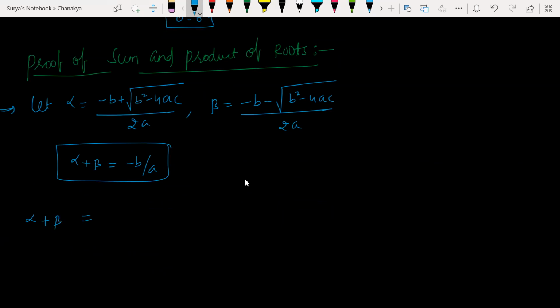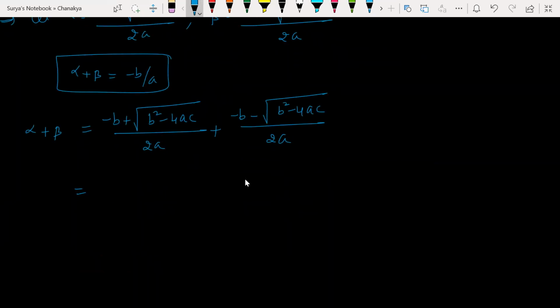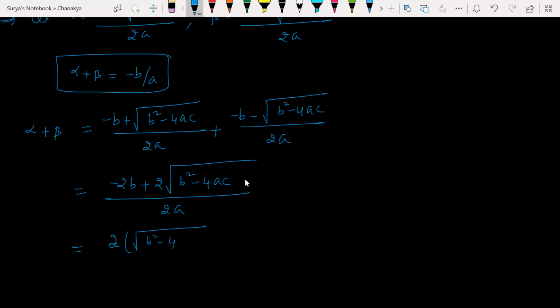Yes, sir. Alpha plus beta is equal to what? Minus b plus square root of b square minus 4ac by 2a plus minus b minus square root of b square minus 4ac by 2a. So look at this here. Minus b minus 2b, and 2 times square root of b square minus 4ac by 2 times a. So take 2 common. What am I going to get here? Oh my goodness, we made a mistake here.